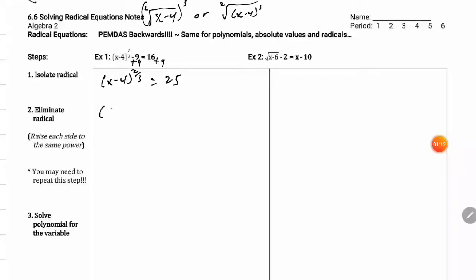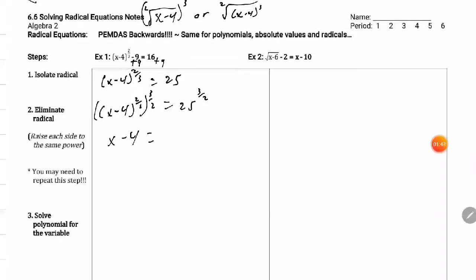Either way works, but in this case we're just going to leave it as a fraction, because to eliminate our radical, to get rid of 2/3, we're going to take it to the power of 3/2. What we do to one side, we must do to the other. So why the 3/2? All we do is flip the fraction, because when they multiply together, we get 1, and it cancels out.